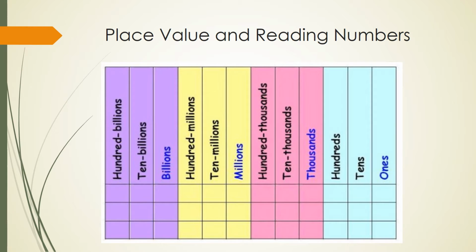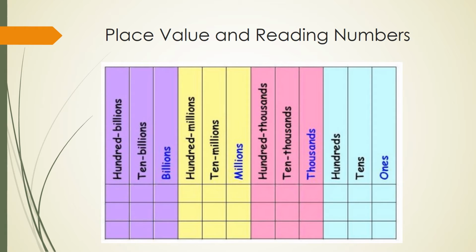One of the things that we use to teach place value is a place value chart. And here's one that you've probably seen before, but in teaching place value, it's very important that we group the sections in what we call periods, and they're grouped in threes. This one actually has it color-coded.